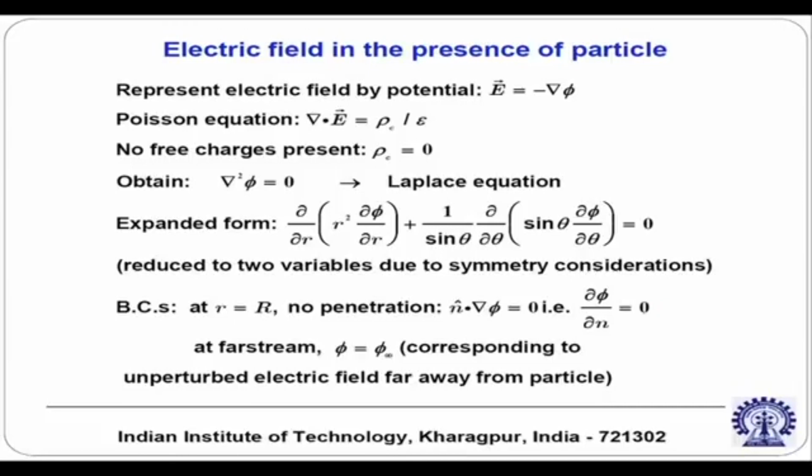The corresponding governing equation is del square phi equal to 0, that is the Laplace equation. Remember, as I have told several times, the induced electrical field due to the electrical double layer satisfies the Poisson equation, but the field due to the applied potential satisfies the Laplace equation.